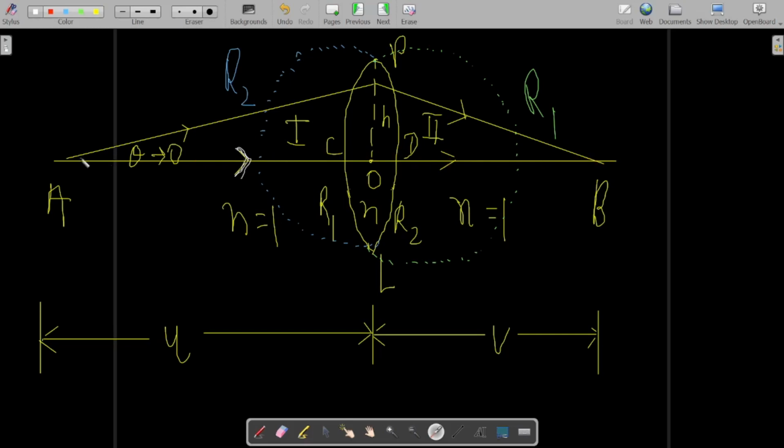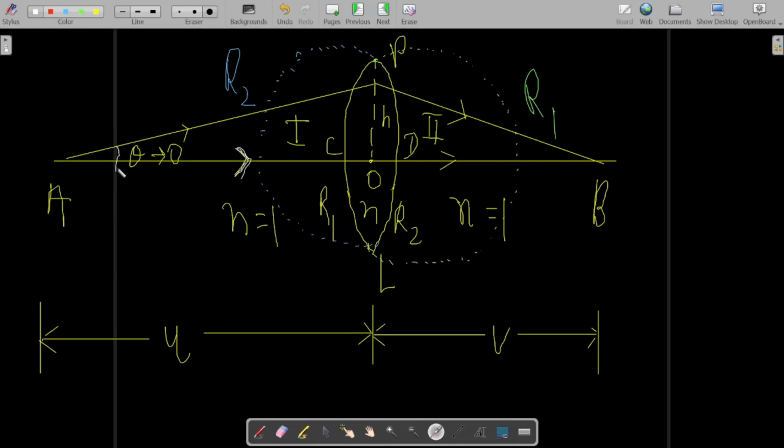And this particular ray AP is a paraxial ray. Now what is meant by a paraxial ray? If you have seen the previous lecture, then you must know the meaning. As soon as I say that AP is a paraxial ray, I mean that this angle theta is very small.